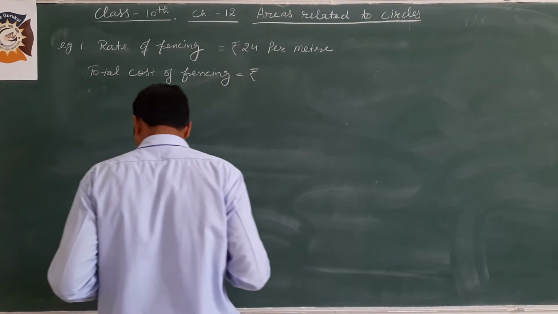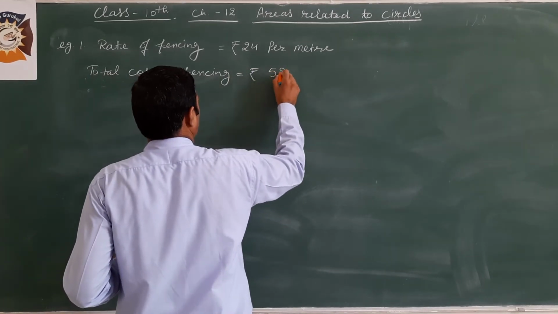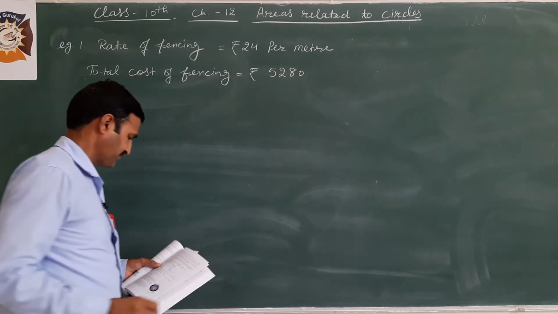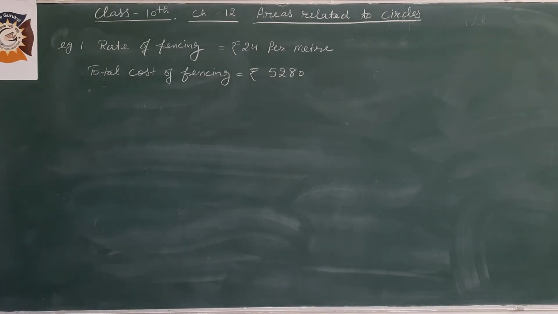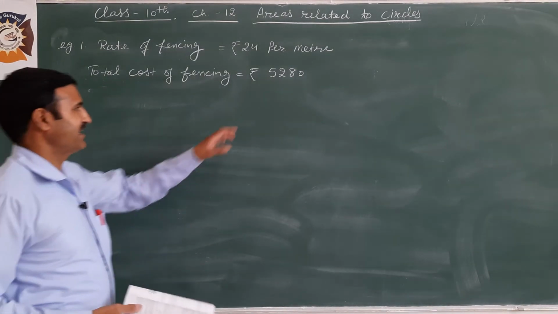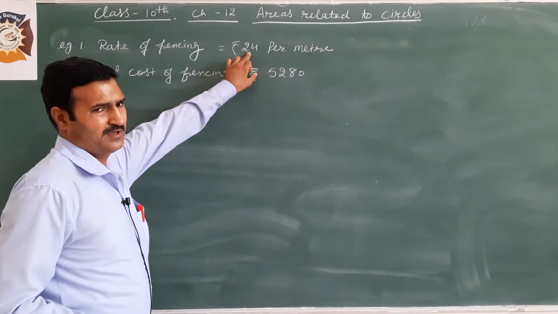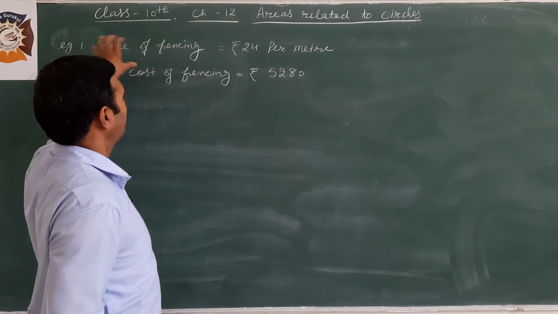It's also given 5280 rupees. So if we divide this 5280 by 24, we can find the length of the fencing.